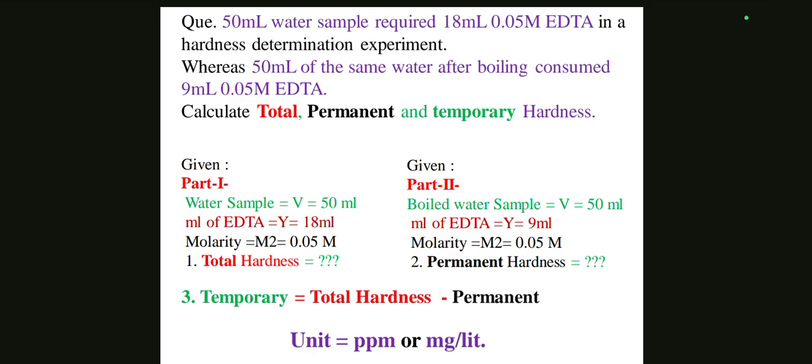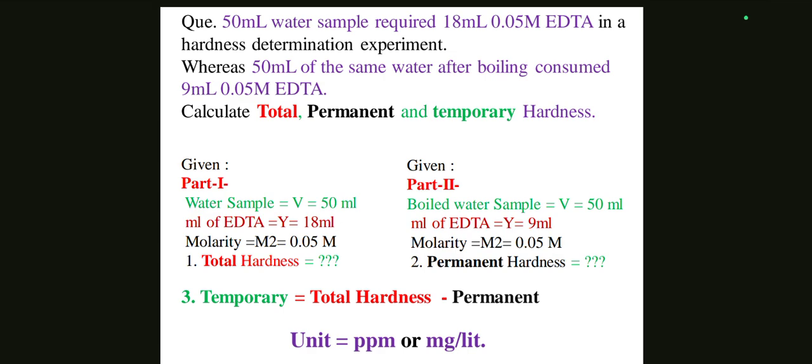Now see the second part of the numerical. 50 ml of the same water sample, the same 50 ml of the same water sample, but here what we are doing, we are boiling it and filtering it, which means we are giving treatment to the water. Now you can see the requirement of EDTA is 9 ml, which means the requirement of EDTA decreases after boiling of the water sample.